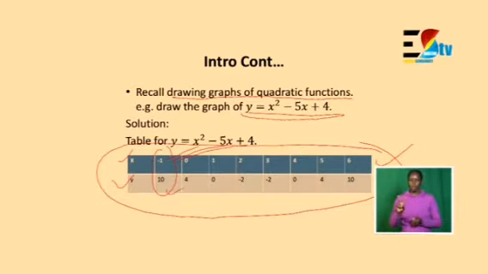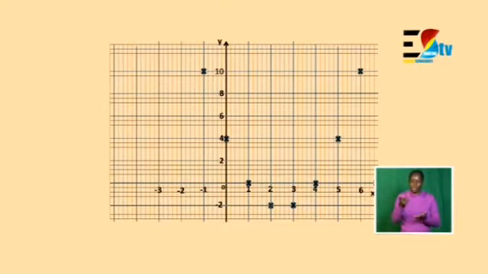After filling up this table, you will then take these points and plot them. Those coordinates, you plot them in the xy plane. Here I have these points, they are plotted. Then the next thing you do is join these points using your free hand to come up with a curve.